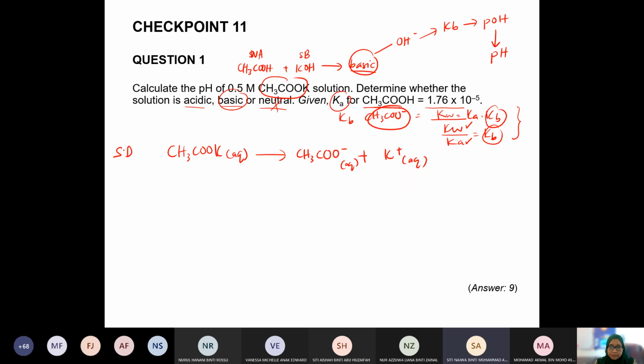This K plus comes from a strong base, so this is the conjugate acid of a strong base. Therefore, it will not be hydrolyzed. But this one will be hydrolyzed. This later on will undergo hydrolysis of salt.